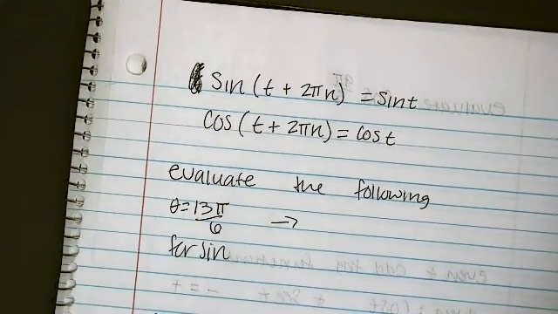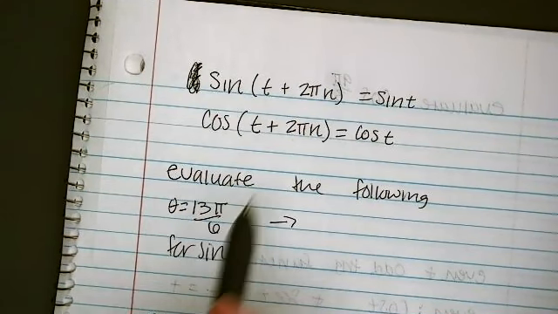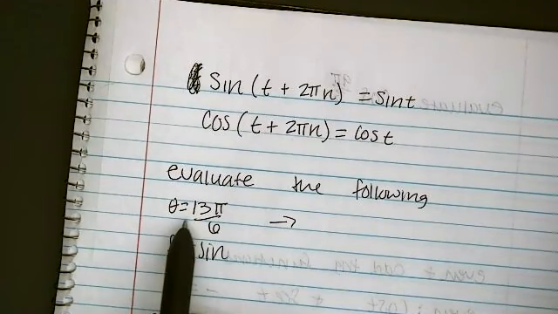So we want to say, how many full times did I go around the unit circle? Essentially, we have to see how many full 2 pi's I can take out. Let's think about this in kind of a mixed number sense. How many times does 6 go into 13 wholly?